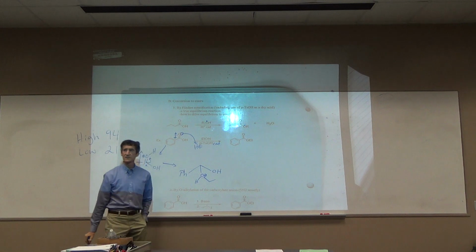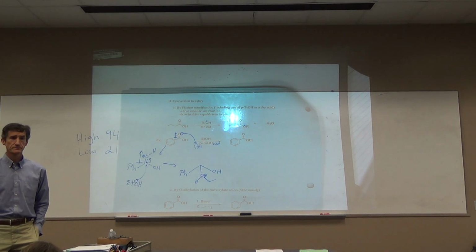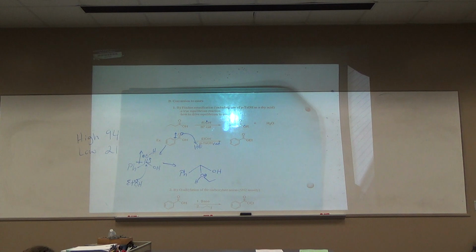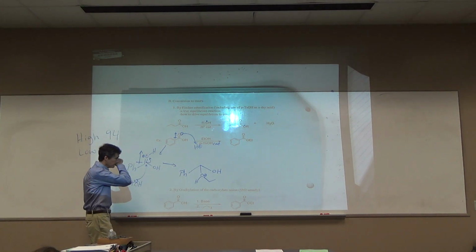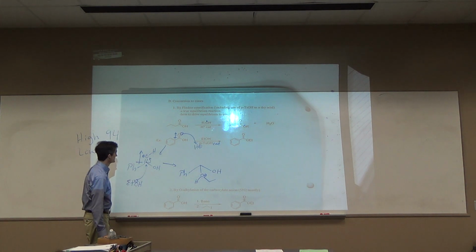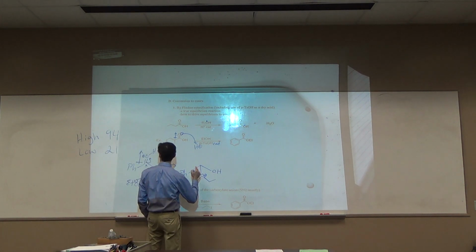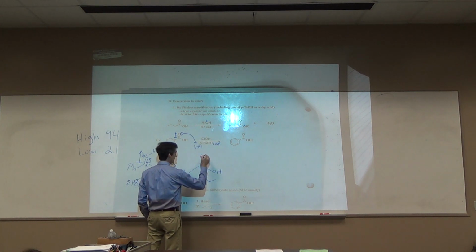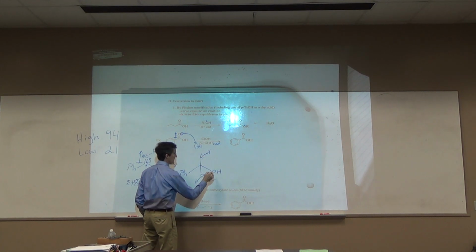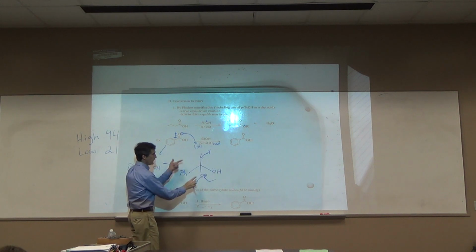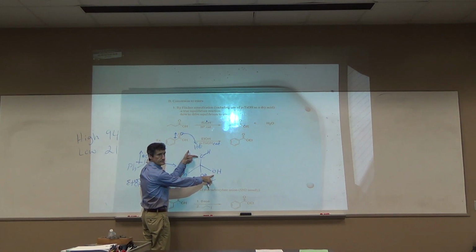Of course, we don't work with condensed structures in mechanisms. Some of you need to understand that in terms of your mechanisms on quizzes and tests. Ethanol adds, electrons go up, and so this becomes what up here? Yeah, it becomes OH. At this point, see how these OHs are equivalent?